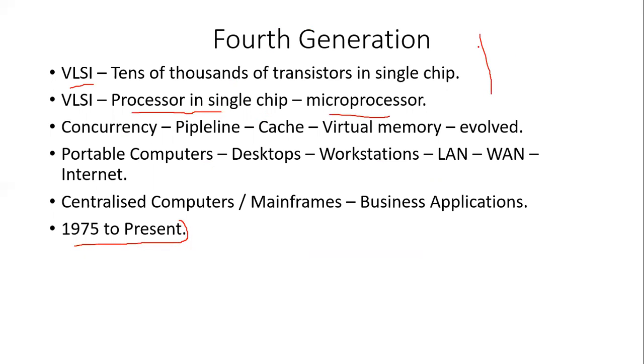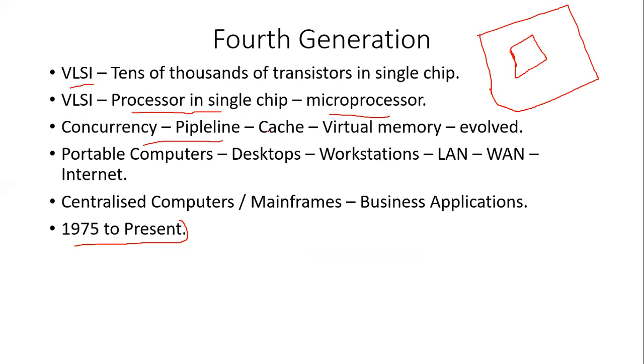It may have taken a big board, the size of an entire motherboard. But with the advent of VLSI, the CPU becomes so small. And the concepts of concurrency, pipelining, cache, and virtual memory keep evolving.